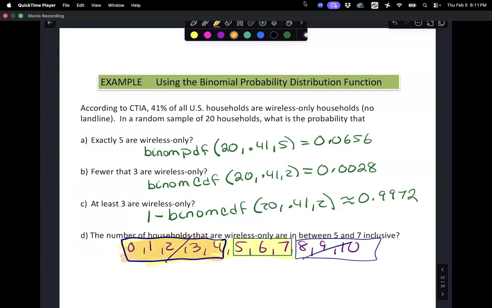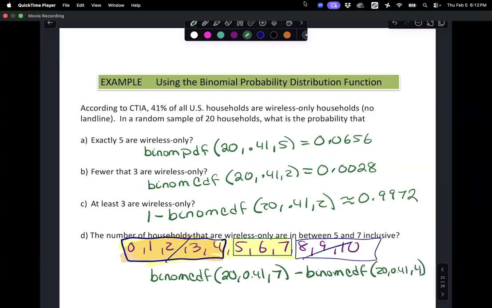So this is what it'll look like in your calculator. It'll be binomCDF, 20, 0.41, 7, minus binomCDF, 20, 0.41, 4.